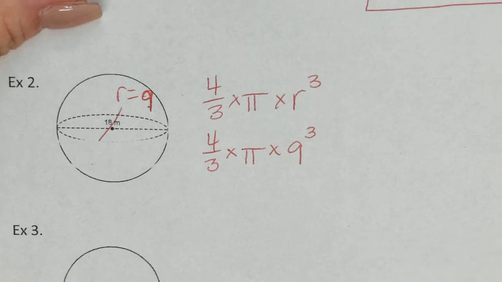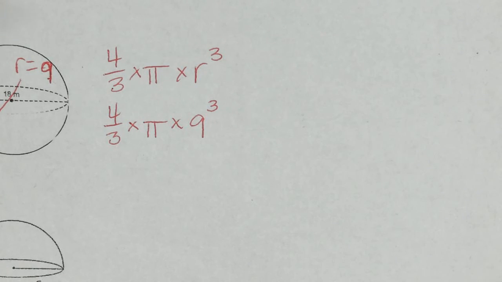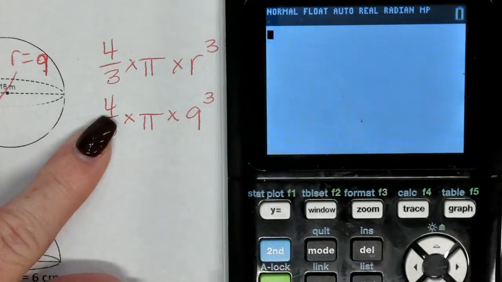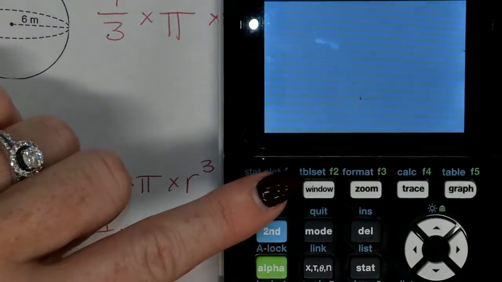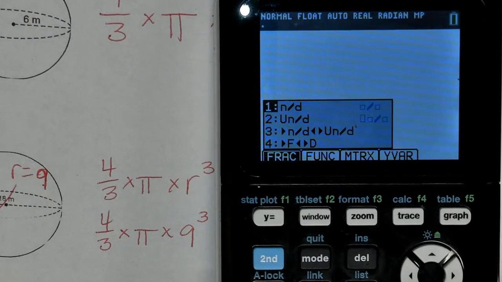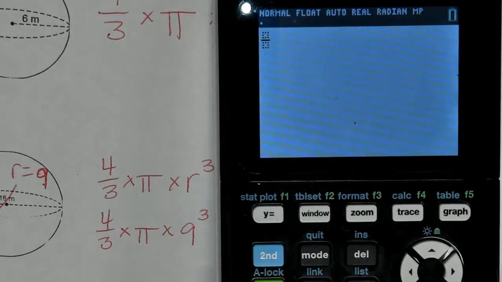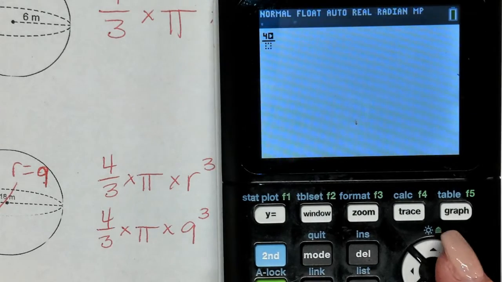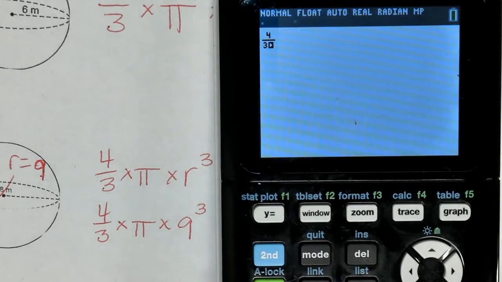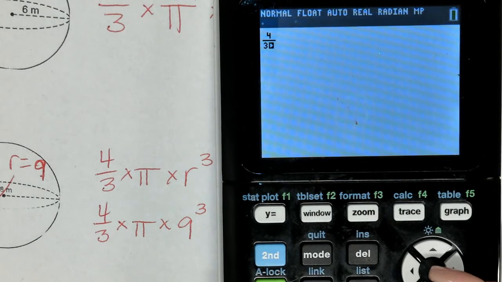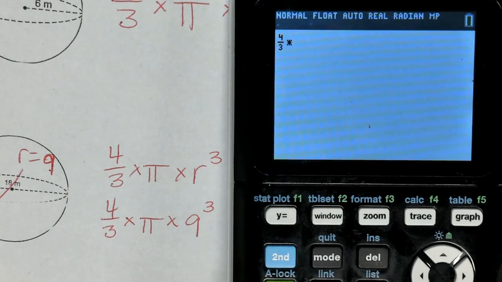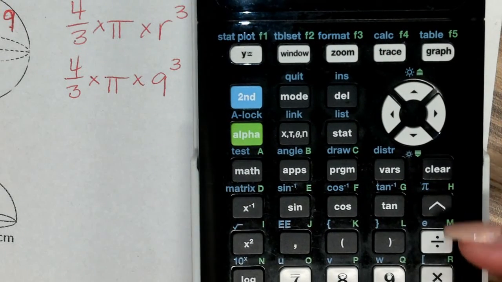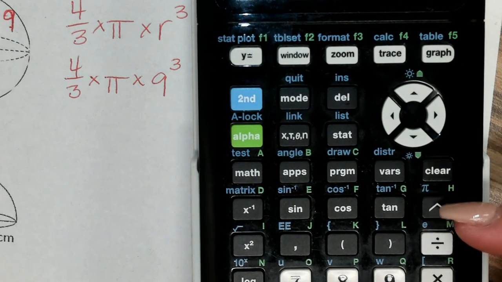I'm going to go through the calculator steps again if you're struggling, so pay attention. To put in a fraction, you hit alpha, the green button, then y equals the top left button. You choose option 1, and you put in 4, arrow down, 3. Then arrow out before you do anything else. Now times. Pi is in blue right above this right here.